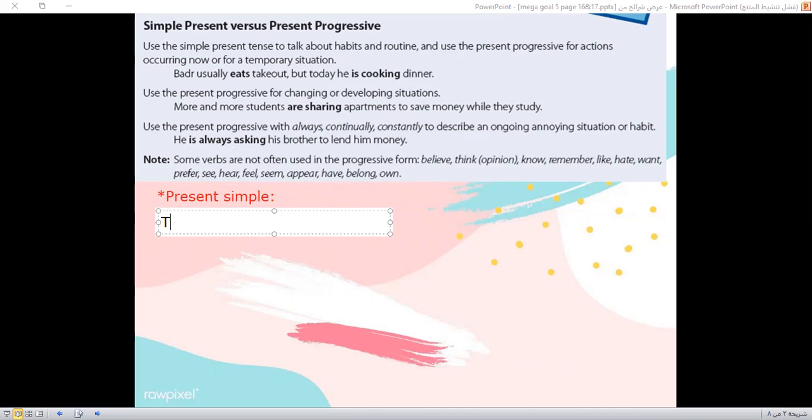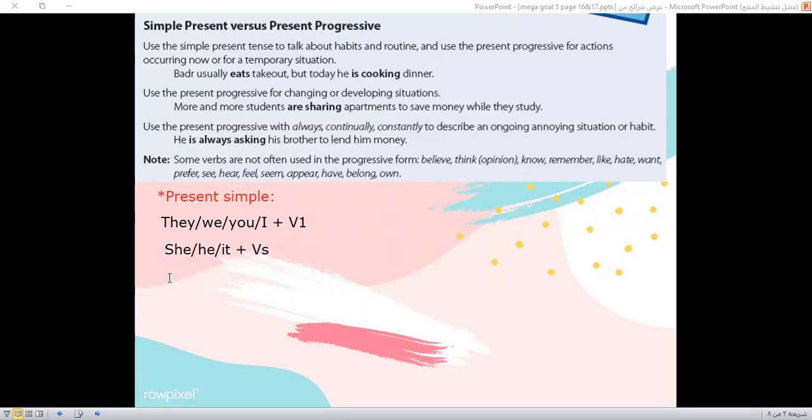Whether I'm going to say they, we, you, or I, the verb after them is going to be verb 1 without anything. Sometimes I could also have she, he, it, and the verb after them should be with an S.